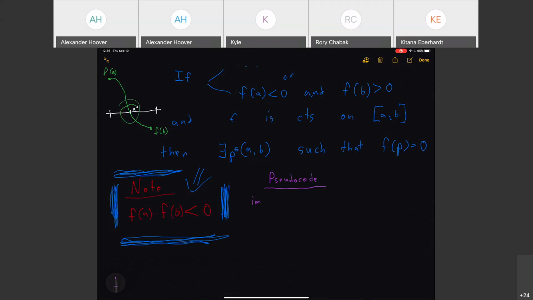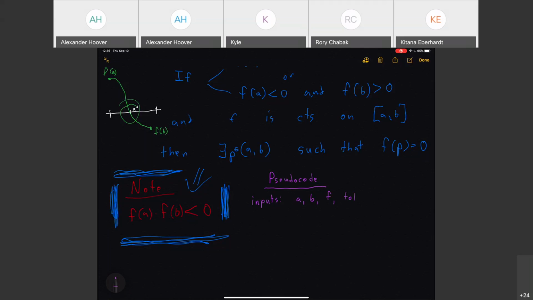In my pseudocode, I'm going to describe my inputs. What are the inputs that we have? Well, we're going to have a, b, f, and tol.